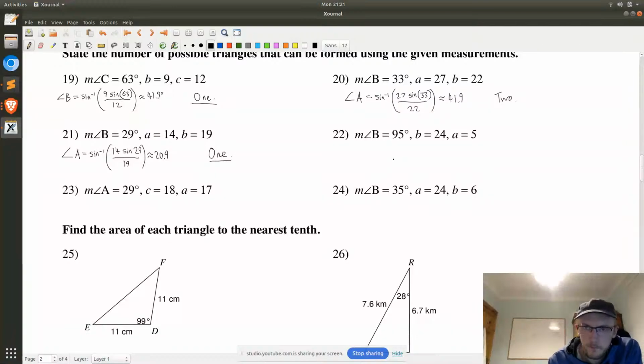Okay. So one triangle is possible. Good.